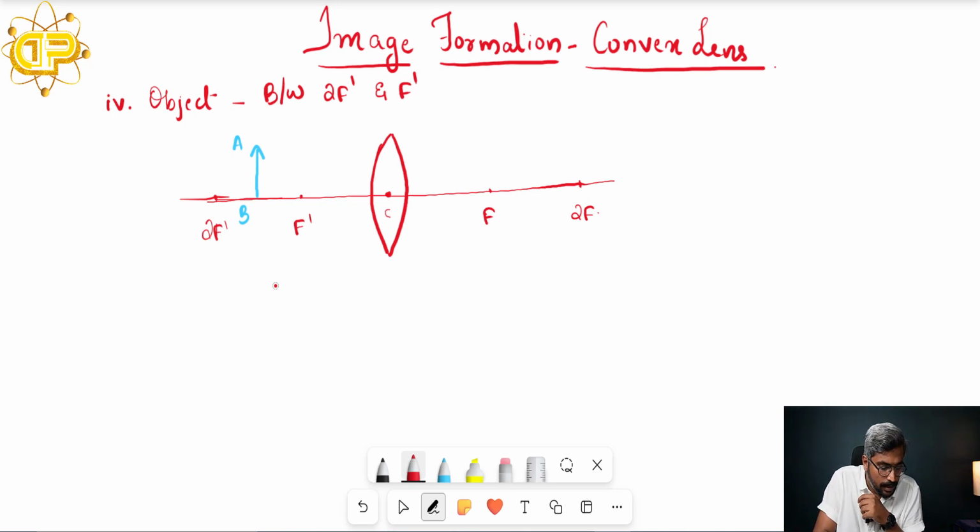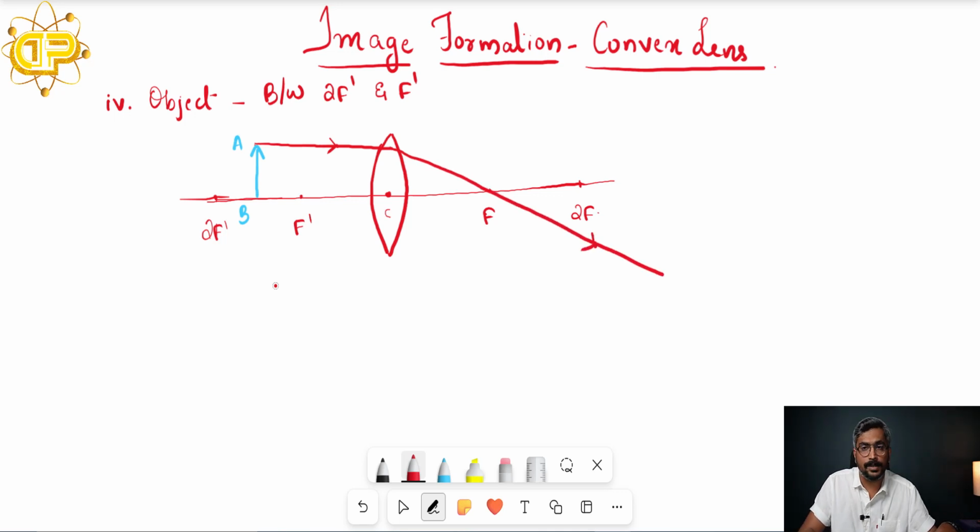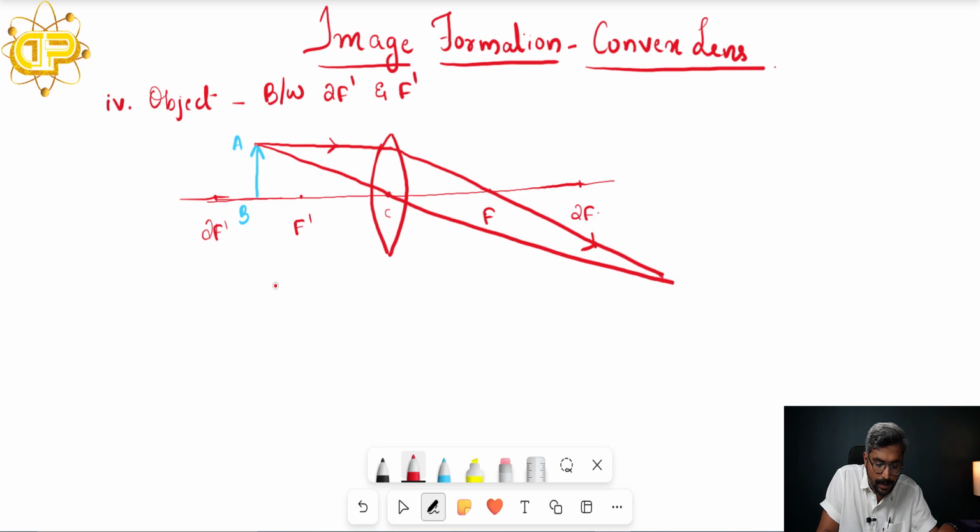I'm taking one ray passing from point A and falling on the lens, and after refraction you can see the light ray is refracted and passes through the focus F. And then I'm taking another ray which passes through the optical center without any deviation.